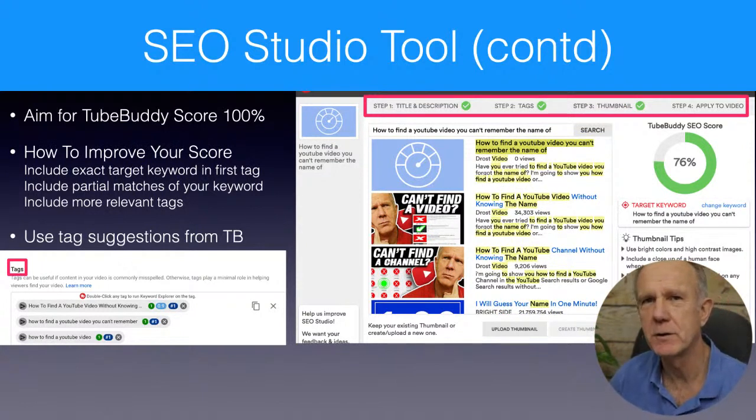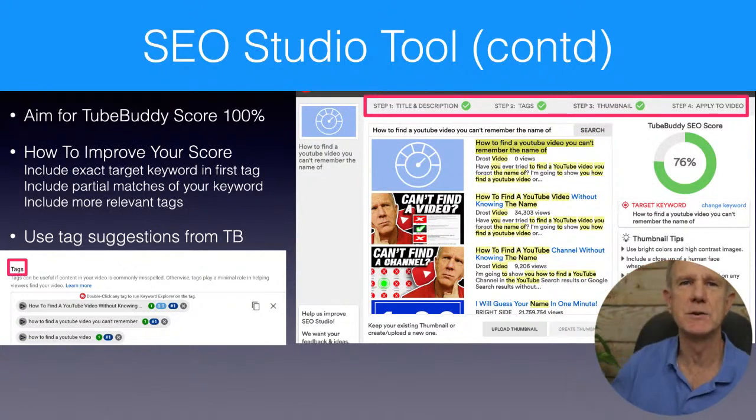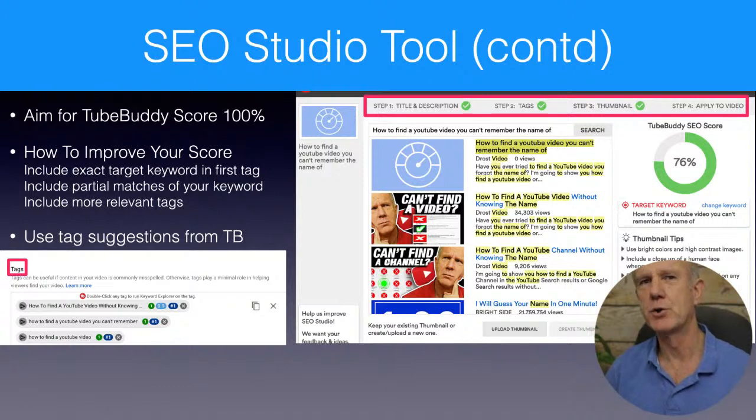And another thing to keep in mind with a tag tool is when your video has been on YouTube for a while and it ranks for multiple keyword phrases, like over here on this image, I don't know if you can see it, but TubeBuddy will show you the rankings for those particular keyword phrases.